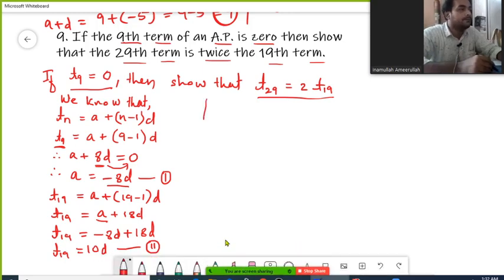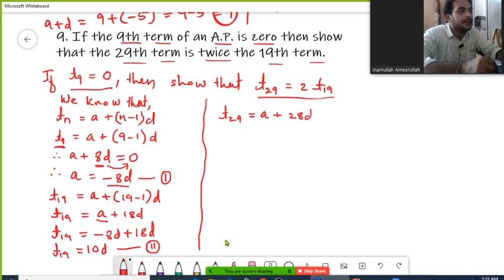Now in the same way we can find T29 also in terms of d. T29 is a plus n minus 1 into d, that is a plus 29 minus 1, that is 28d. So T29 is a plus 28d.